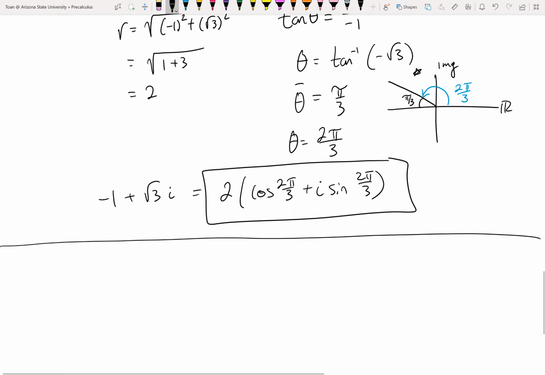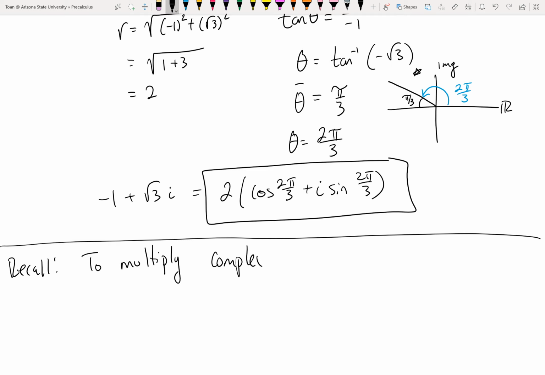Well, recall, to multiply complex numbers in standard form, we use repeated distribution.